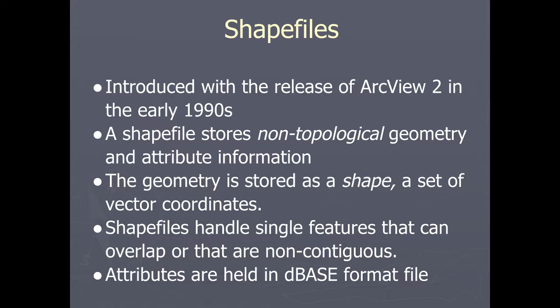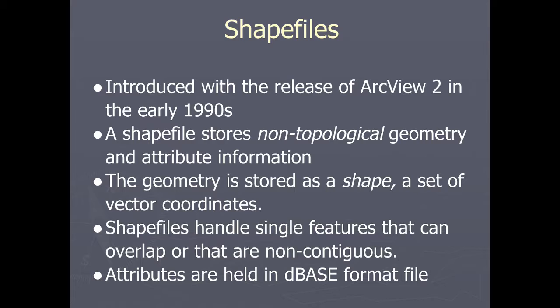So where in the coverage you could have polygons, nodes, and lines, shapefiles only have either points or lines or polygons. The geometry was stored as a shape or a set of vector coordinates, and the attributes were stored in a DBase file.